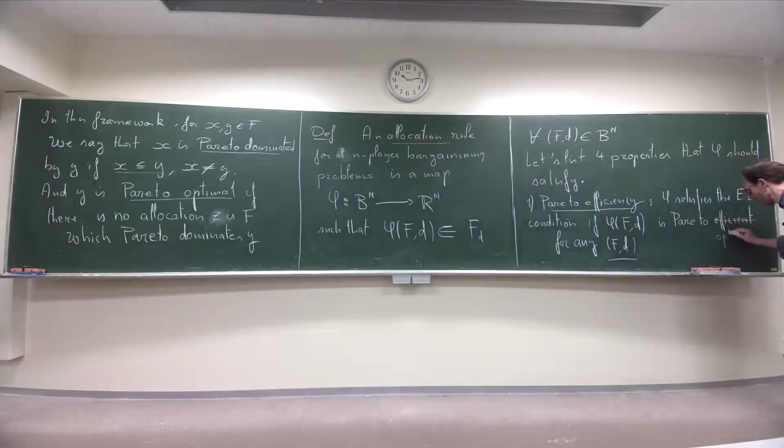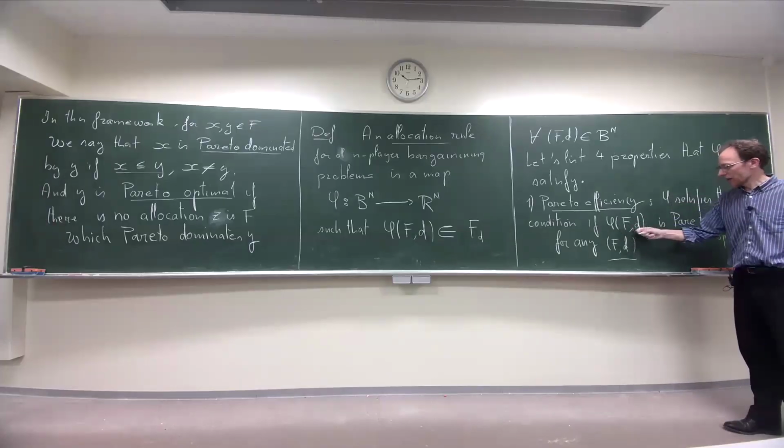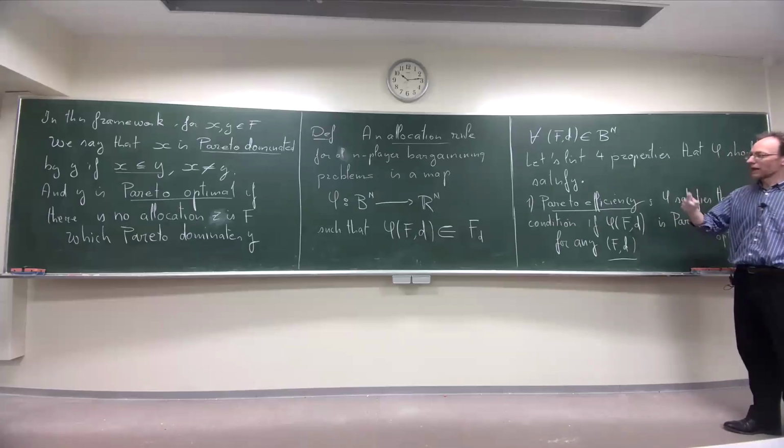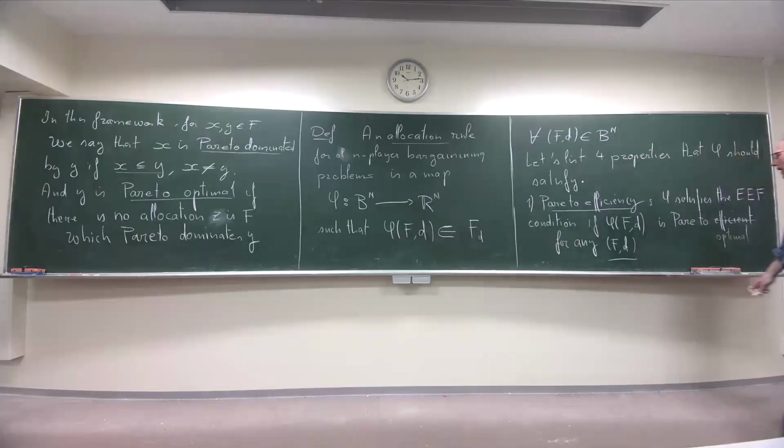I haven't defined what is Pareto efficient. So it's Pareto optimal, I have defined Pareto optimal. So phi takes any bargaining game and sends it to a point in F, and we want it to be Pareto optimal, so there is not a better one.